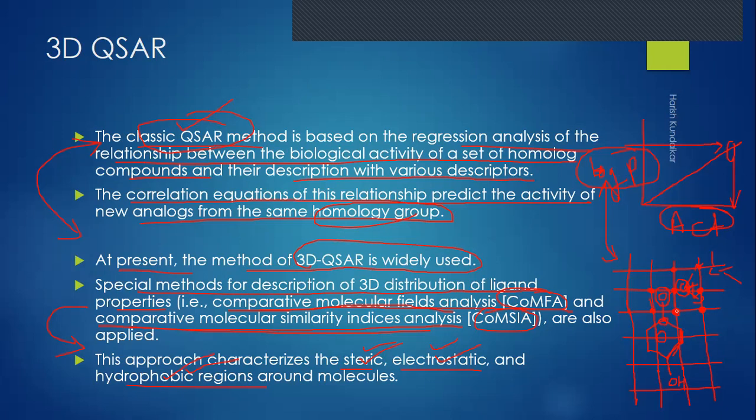If we want to calculate the electrostatic properties, we'll have to introduce a charge on that probe atom, maybe -1 or +1. Then that will calculate the electrostatic properties, and on the basis of that we'll have the log P being calculated, for example. Then that log P will be correlated to activity by the software. So these are the steps via which the 3D QSAR will progress.